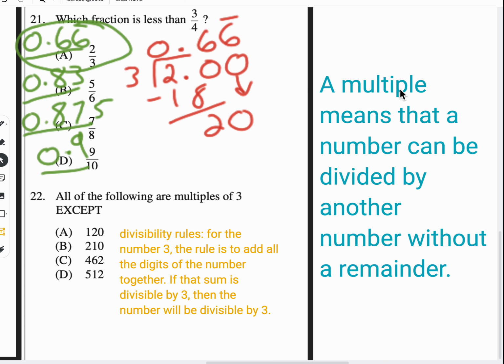For example, with A, if we take 120 and find the sum of the digits, 1 plus 2 plus 0, we get 3.